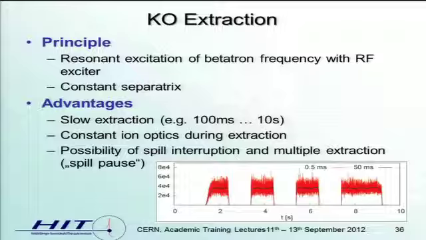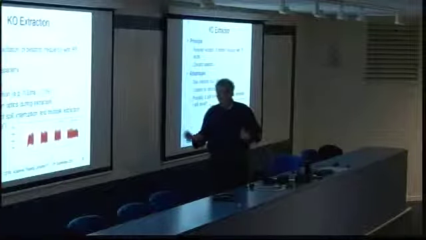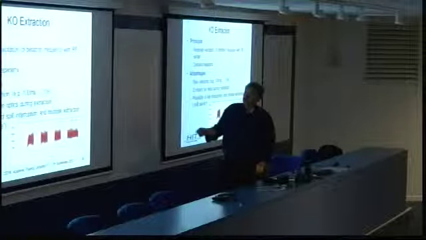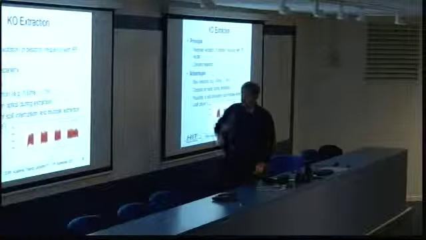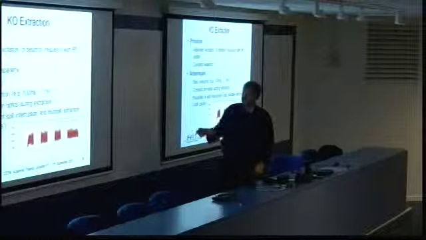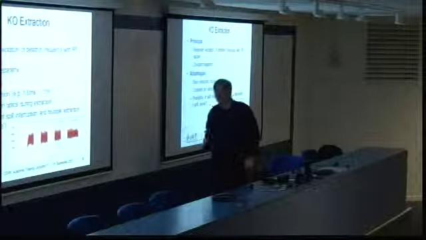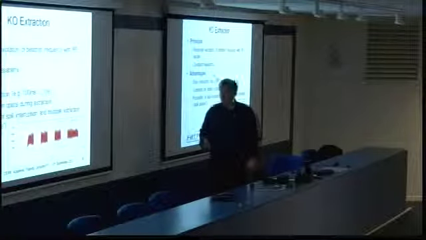And you can excite the particles and bring more and more particles to the larger Betatron amplitudes, and you can have a constant separatrix. The advantage of that is you can have slow extractions from 100 milliseconds up to 10 seconds or even longer, but these are the typical numbers we use in our case.